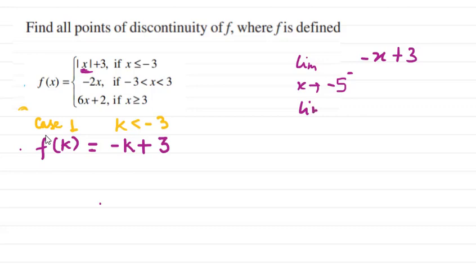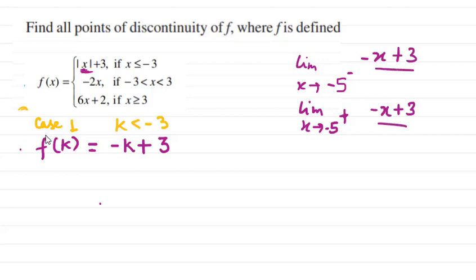Now for the right hand limit, when your value will be a little bit greater than minus 5, that time also this function will be valid, because your value is not exceeding minus 3. It is just below minus 3 only. So in both these cases your function is the same.